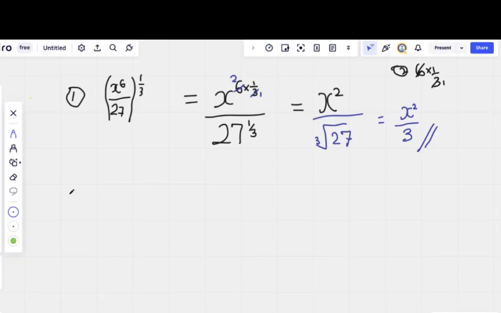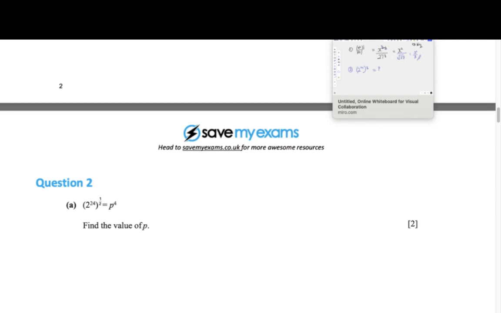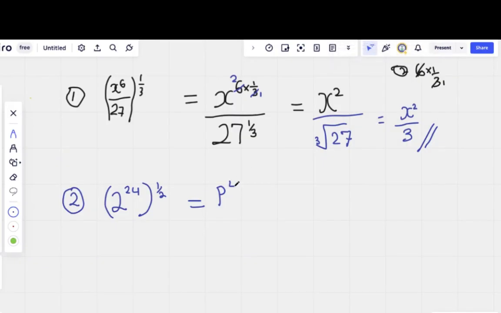Question number 2. 2 to the power of 24, everything raised to the power half, equals p to the power of 4. Find p. Now they want us to find p.